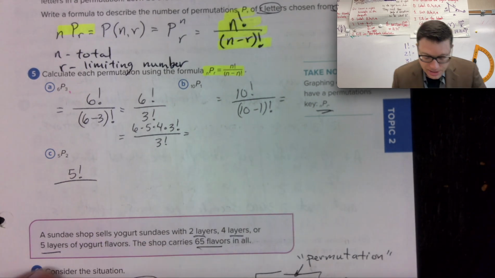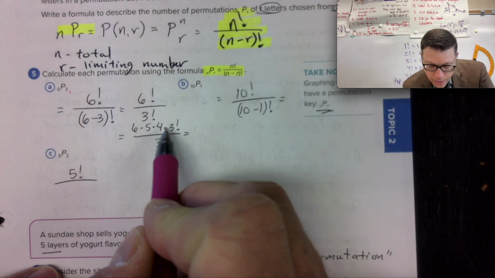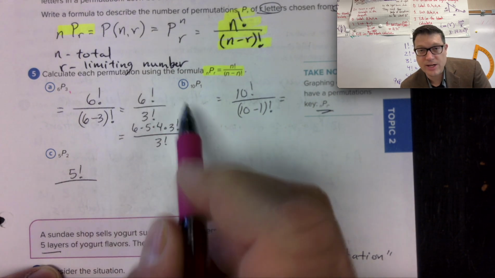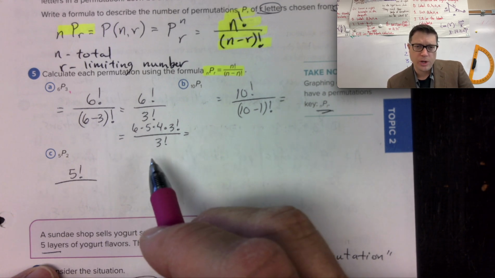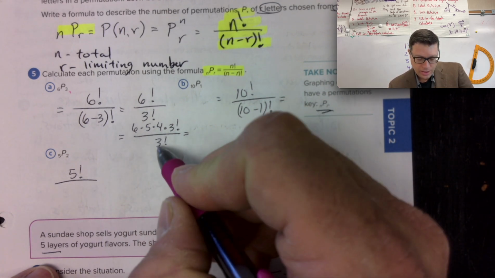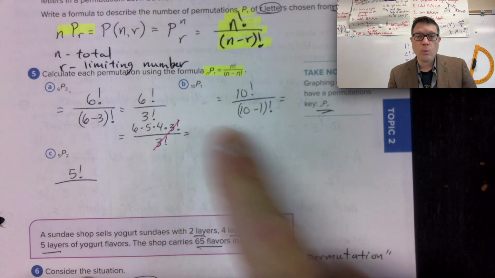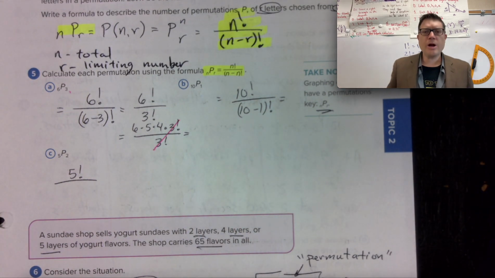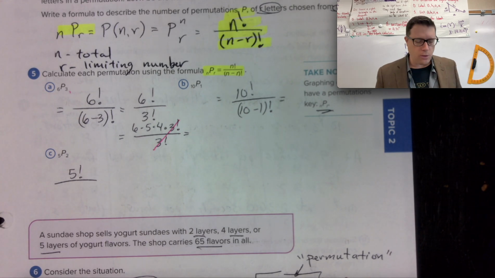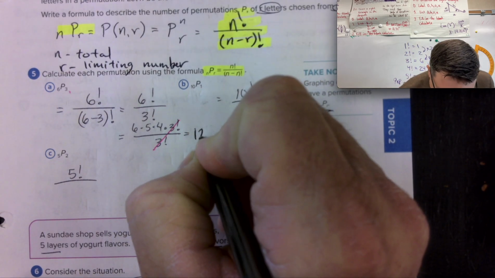But that turns into 6, 5, 4, 3, 2, 1. That's 6 factorial. And on the bottom is 3 factorial, so 3, 2, 1. This 3 factorial and that one reduce to 1. They cancel out. Therefore, we have 6 times 5 times 4, which I know is 120.